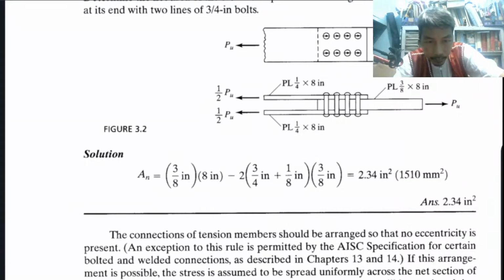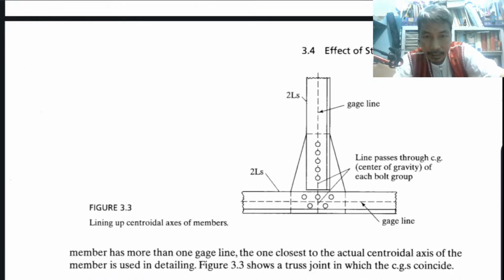Just the importance of eccentricity. There is eccentricity that we must understand. You notice this centroidal axis coincides with the holes; usually that is not the case.